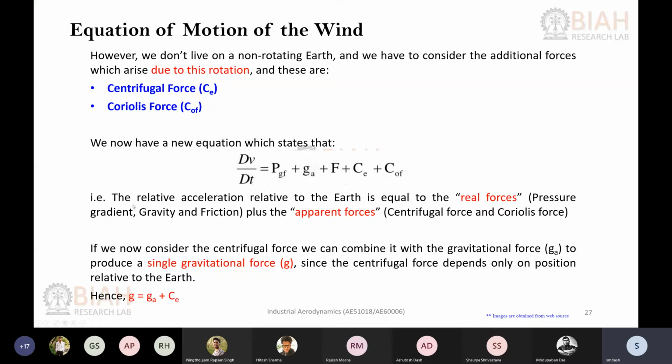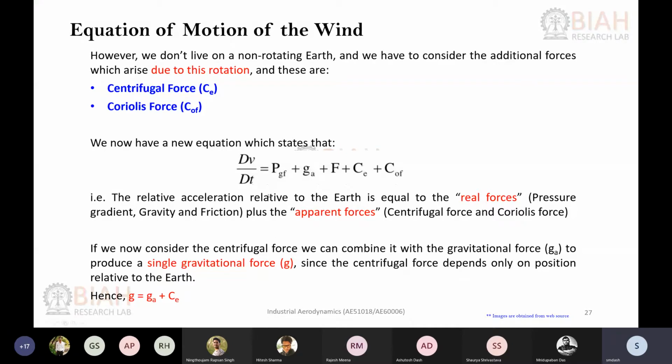These forces are differentiated based on experience. The first three forces are generally called real forces, which actually govern the flow motion or the air particle motion.